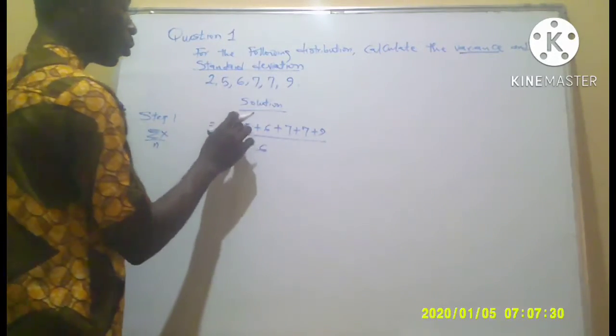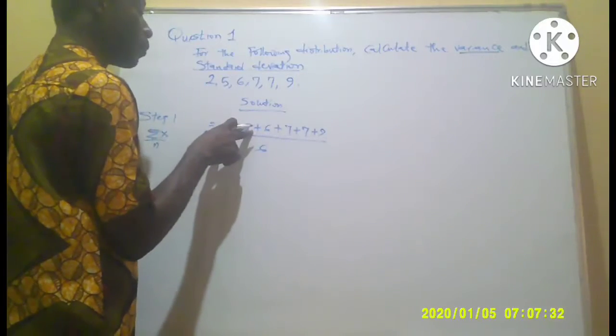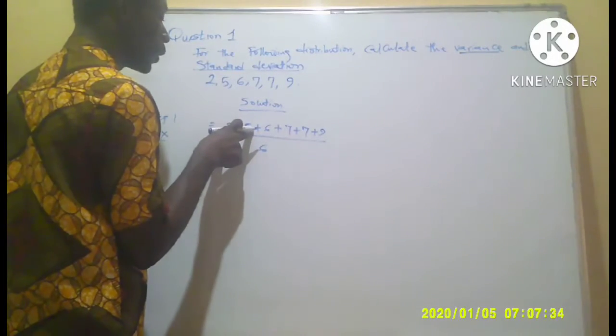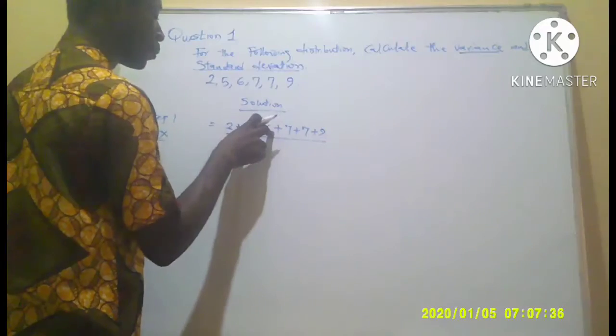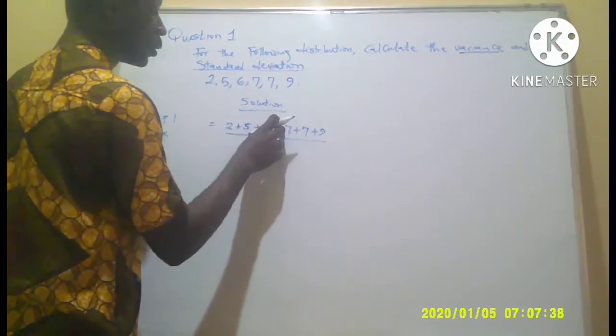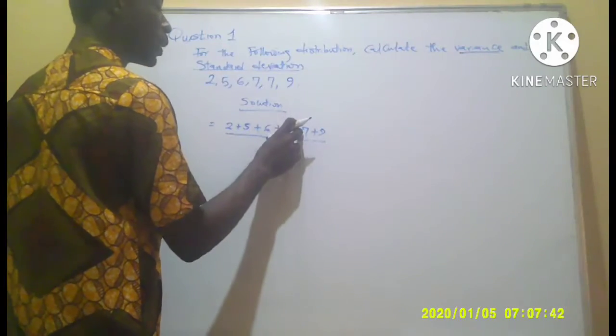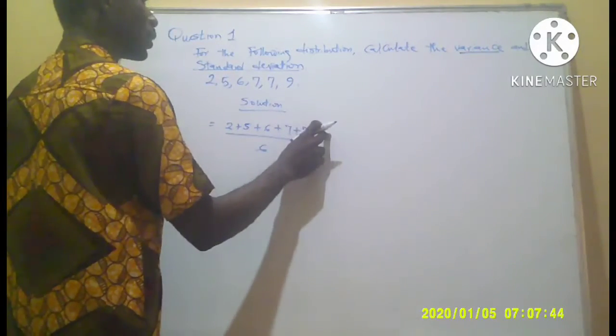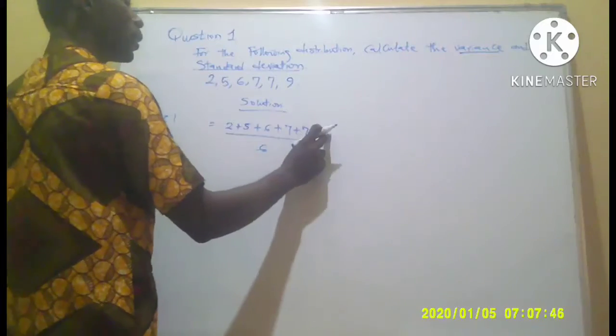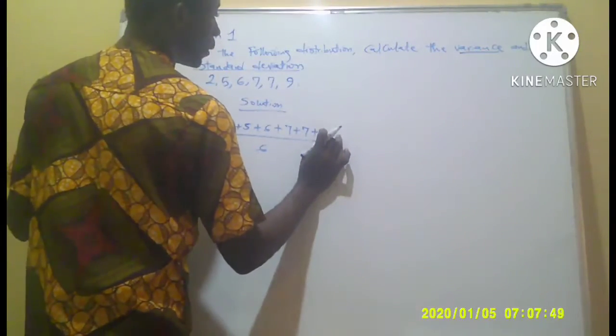So 2 plus 5 is 7, plus 6 is 13, plus 7 is 20, plus 7 is 27, plus 9 is 36.